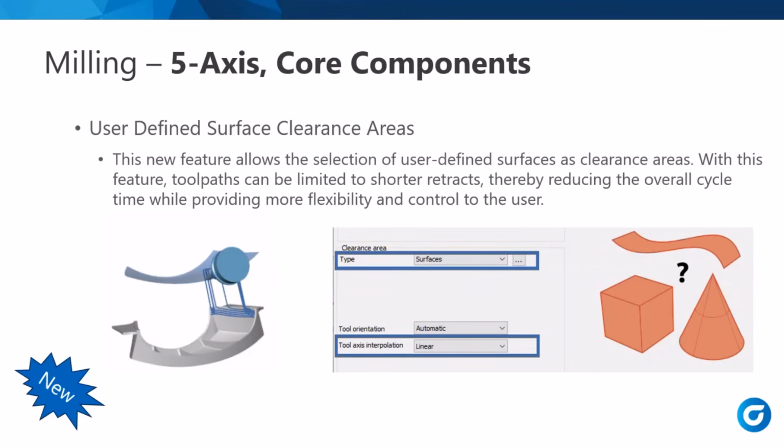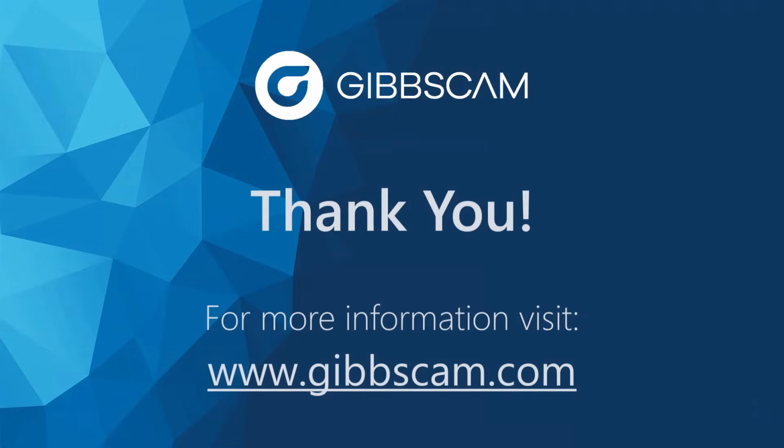Instead of just a cylinder or a plane or a sphere, you can actually, as you see on the left there, take a surface and say, this is my retract area. So if you have a large aircraft part or something, your retract time and distance will be shortened if you have a nice surface up there that makes more sense to send your retracts to. So that's another new option.